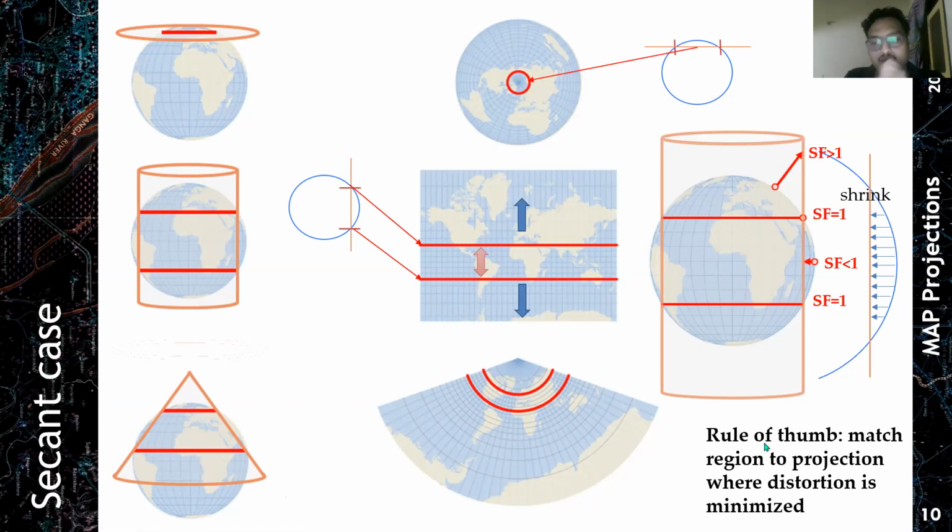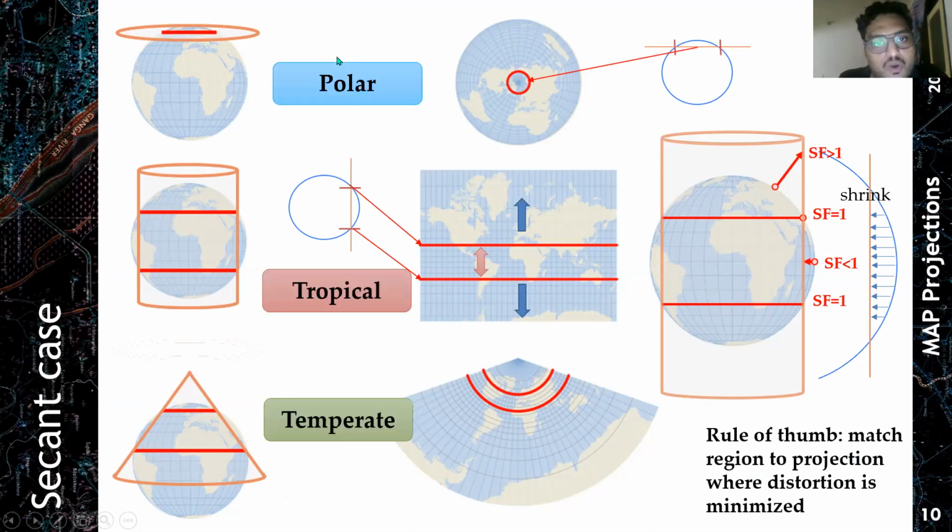So the rule of thumb to follow when preparing maps is to match the region to your projection, so that you are mapping the area where distortion is minimum. So for example, if you are preparing a map for the polar regions, the azimuthal projection is ideally suitable, because in this case, along the standard lines or the standard circle here, the distortion is minimum.